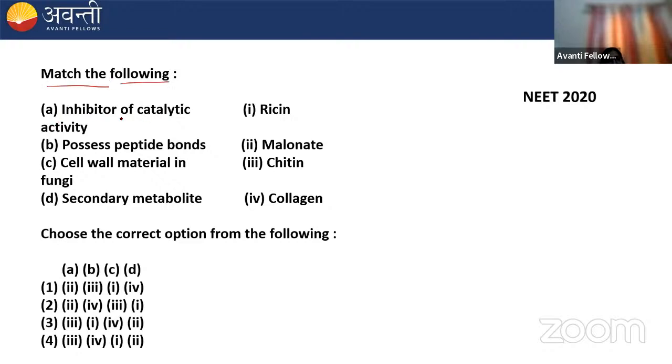Match the following again. A says inhibitor of catalytic activity. B possesses peptide bond. C cell wall material in fungi. D secondary metabolite. The options are ricin, malonate, chitin, collagen. Choose the correct option from the following. Swinell says B. Okay.